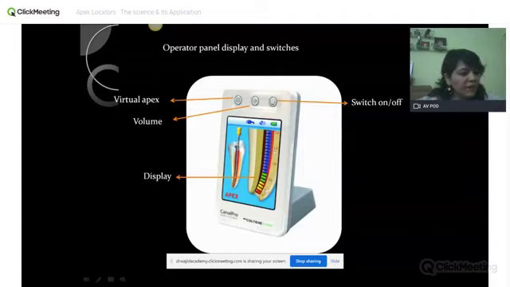Now, when you see the apical region in detail, you can notice that there are some measurements 0, 0.5, 1, 1.5, 2, etc. Now, these measurements do not in any way have any units or indicate any kind of distance numerically from the apical foramen. It is just for you to understand the objective distance from the apical foramen.